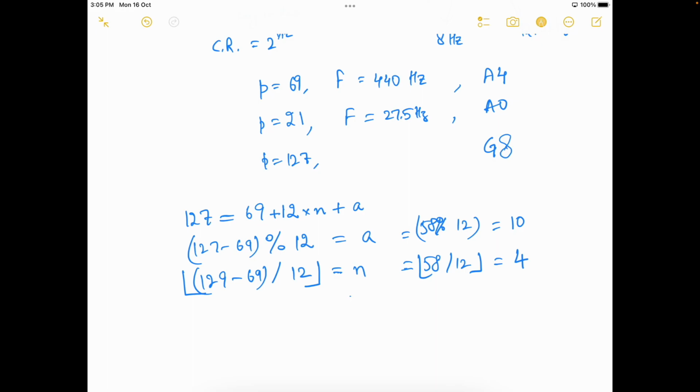Okay. So after A you get A sharp, B, then you get the next octave: C of the next octave, C sharp, D, D sharp, E, F, F sharp, G of the next octave. So this becomes G9.